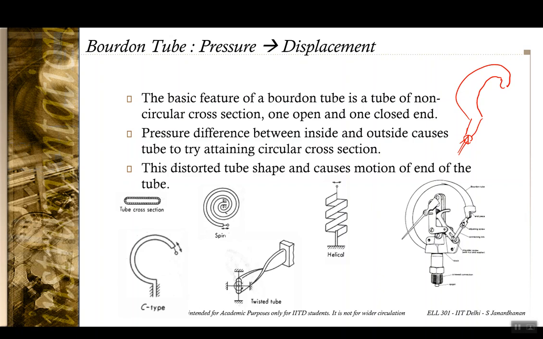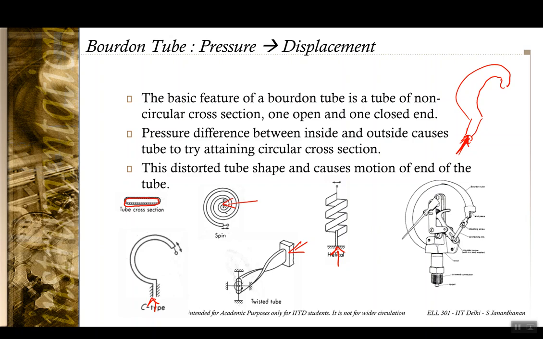The pressure that is to be measured is applied from the open end, like here, or in this case from here, or here, or here. And the other feature is that the tube itself has a non-circular cross section.